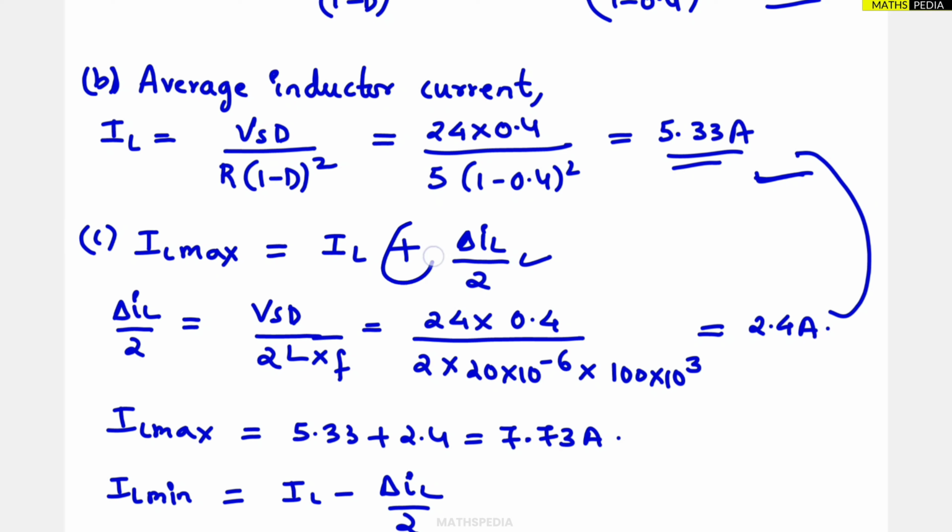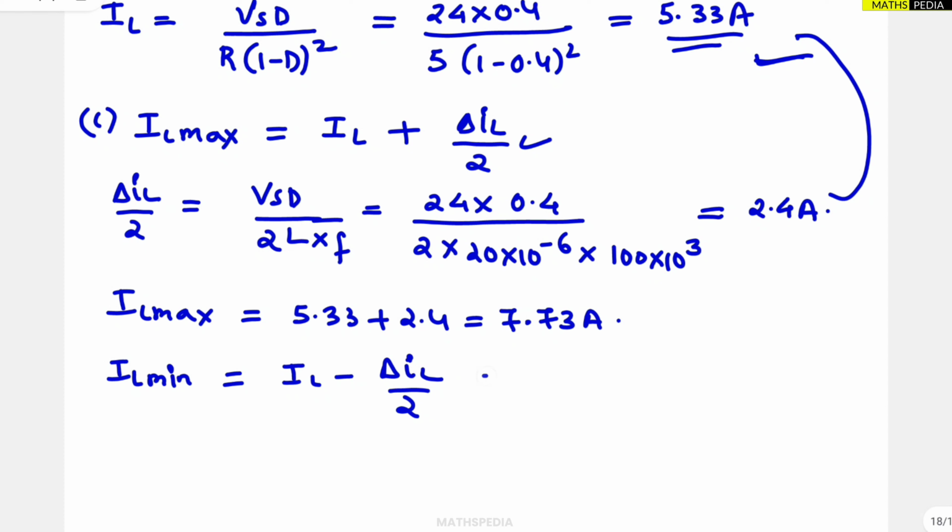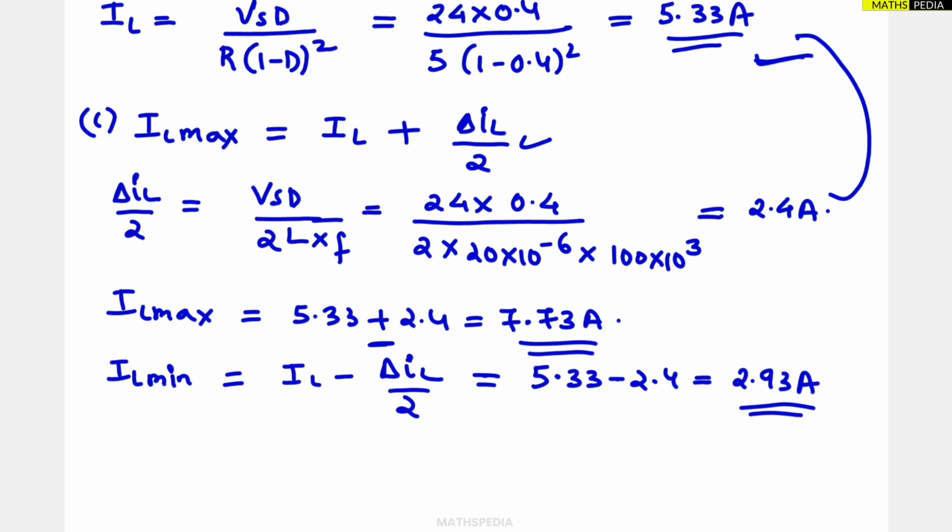The only difference is that here plus is there, and minus will be there. The same formula, but instead of plus I put minus. So 5.33 minus 2.4, which is equal to 2.93 amperes. So these two parts we also got. This is the C part.